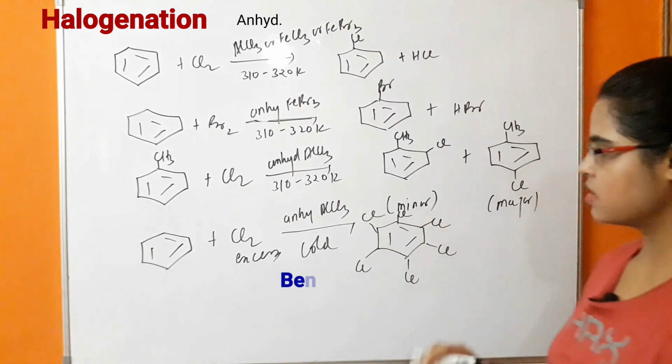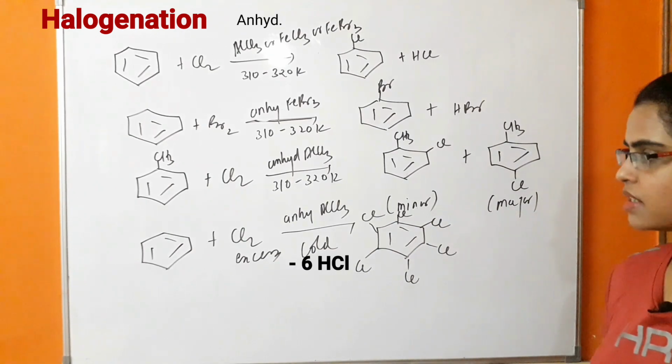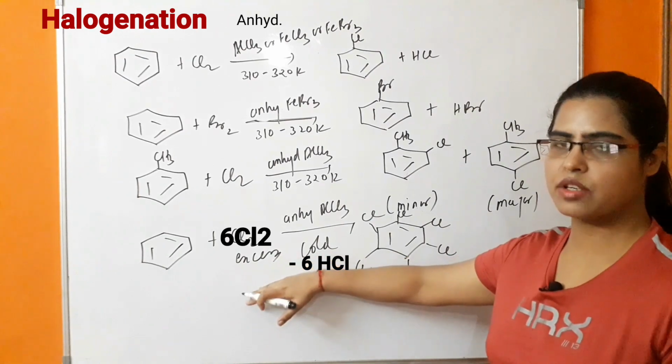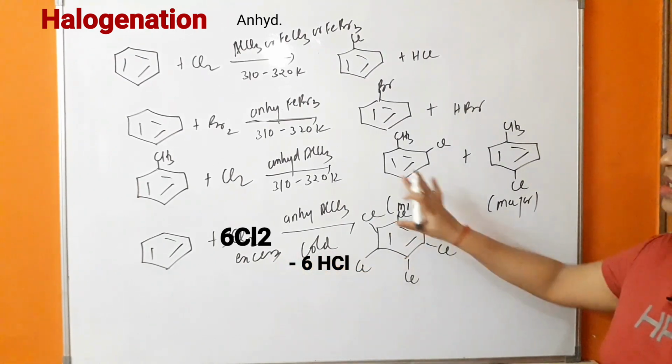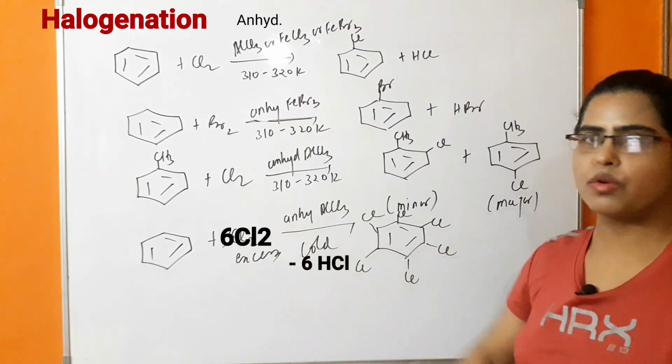All 6 hydrogens of benzene are substituted with chlorine atoms.